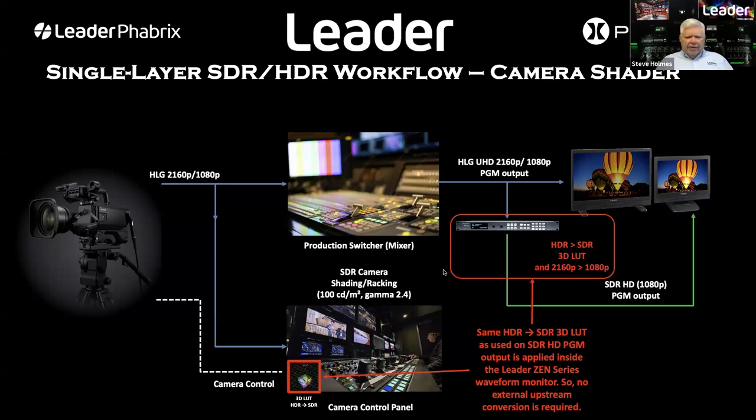And you have the ability within the waveform monitor to look at the LUT output, or you can look at the raw output. And a lot of production now, let's face it, is actually being shot in 1080p. It may be up converted to 4K after the fact, but it's being produced in 1080p.